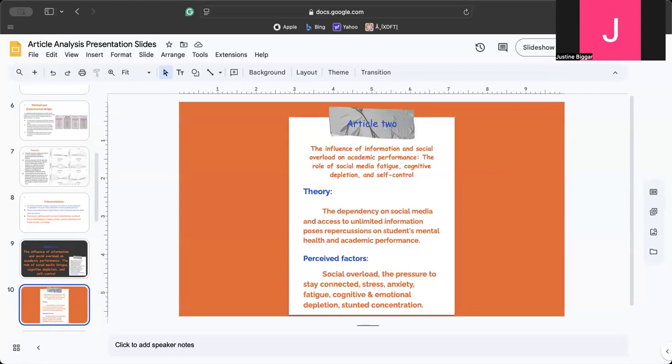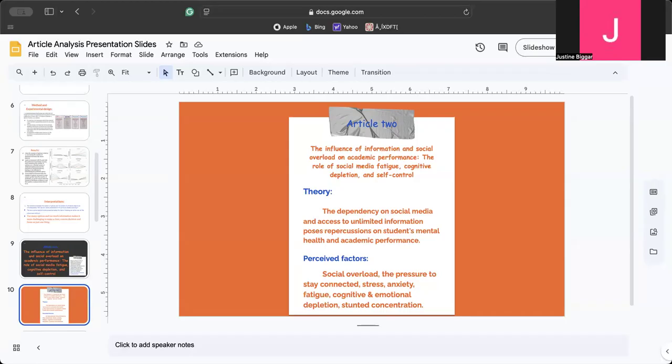And some perceived factors are social overload, the pressure to stay connected, so stress, anxiety, fatigue, cognitive and emotional depletion, and ultimately stunted concentration.